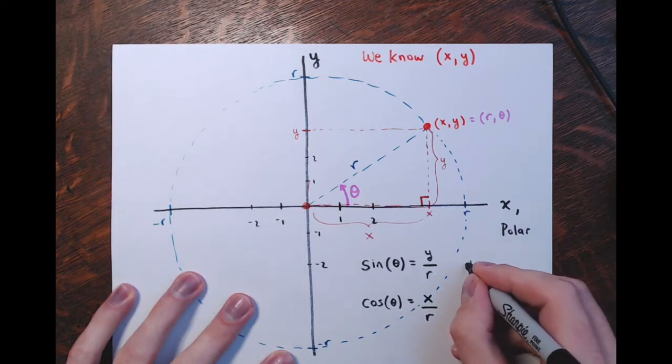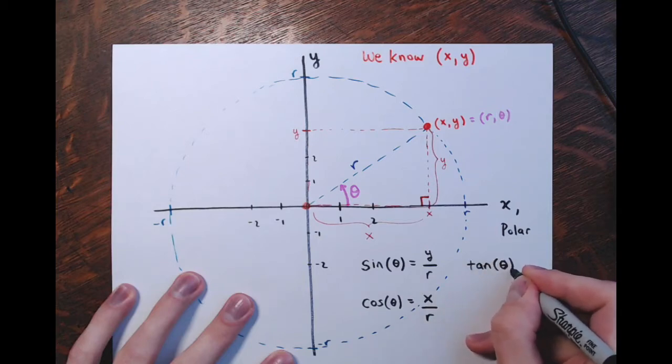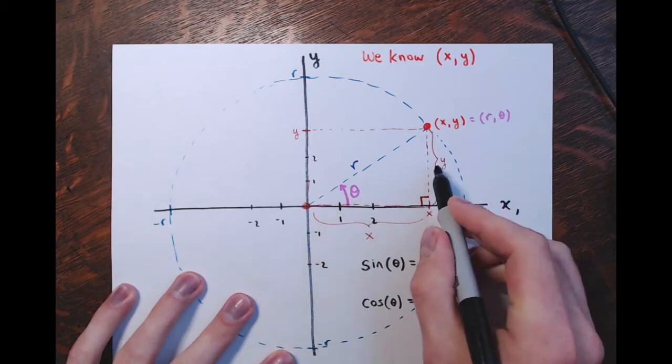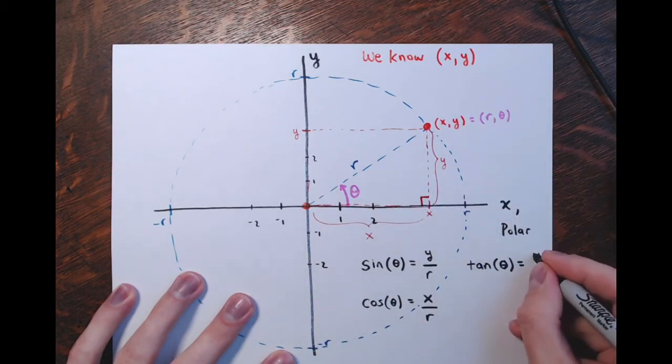The tangent of theta, the opposite over adjacent, is the y-coordinate of our point divided by the x-coordinate.